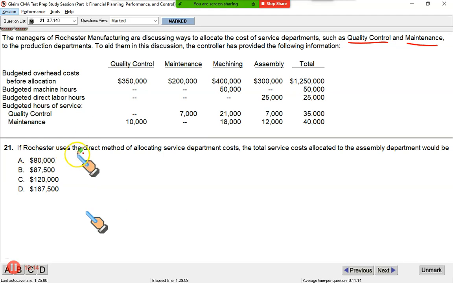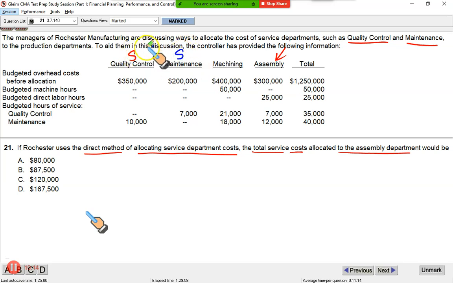The manager of Rochester Manufacturing are discussing ways to allocate the cost of service departments such as quality control and maintenance to the production departments. To aid them in this discussion, the controller has provided the following information. If Rochester uses the direct method of allocating the service department cost, what is the total service cost allocated to assembly department? If we use the direct method, please remember, quality control is the service department and maintenance is also service department.